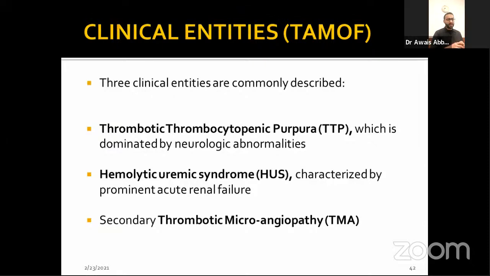These three clinical entities are thrombotic thrombocytopenic purpura, TTP, which is dominated by neurologic abnormalities; hemolytic uremic syndrome, characterized by prominent acute renal failure; and the third one, secondary thrombotic microangiopathy, TMA. On the background of these three entities, the pathophysiology is the same as that of TAMOF.